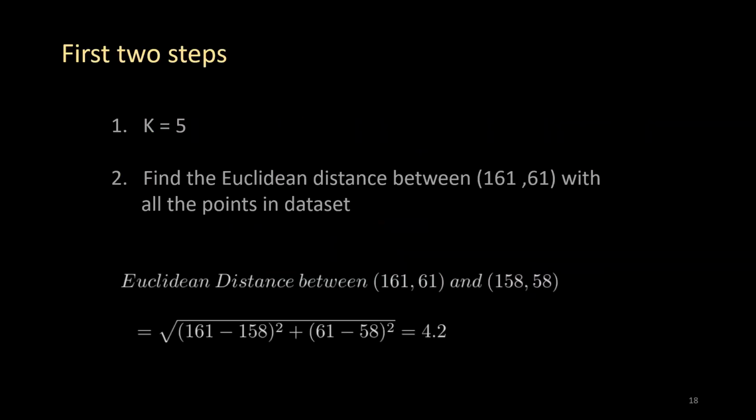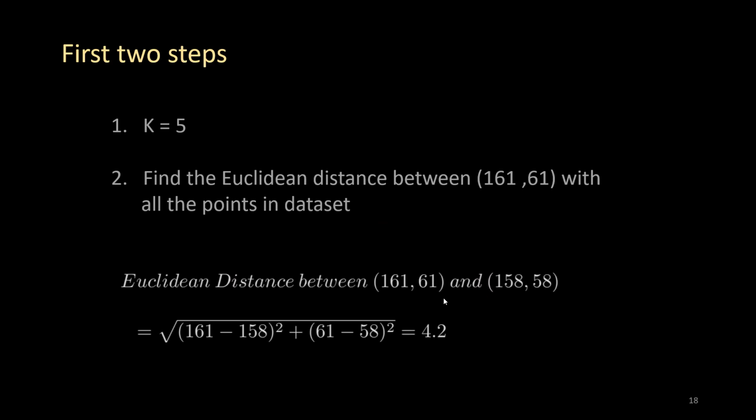So what will we do? We will apply the KNN algorithm, and here are the first two steps of the KNN algorithm. We have decided to take the value of k equal to 5. That is, we have decided to take the number of nearest neighbors equal to 5. The second step is that we have to find the Euclidean distance of this new point with all the points in our data set. So we will start with the first point.